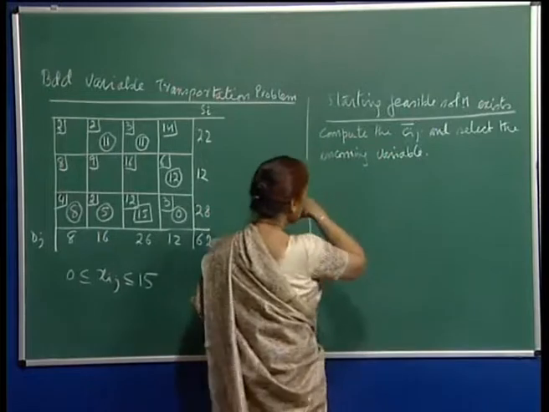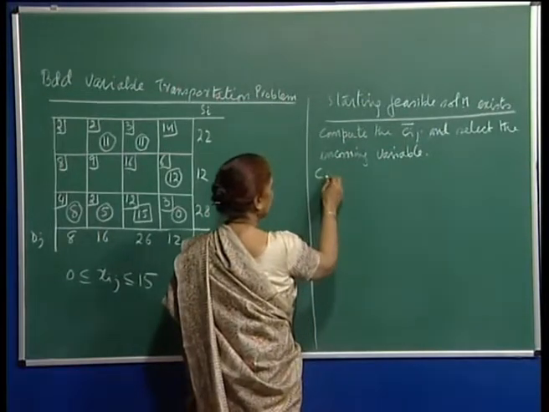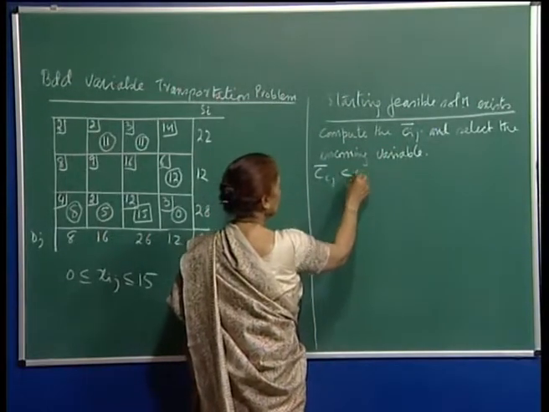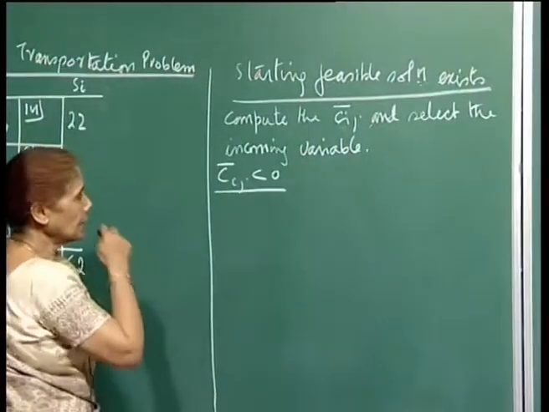So, here we have two cases. If your Cij bar is less than 0, then again we will have three considerations.